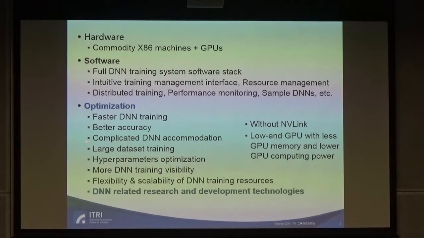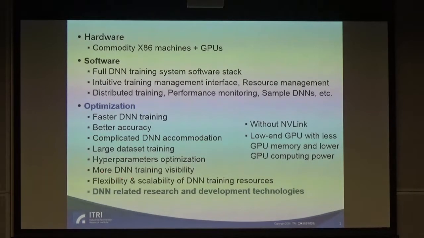Most important, sometimes the developer does not know how to configure hyperparameters to get better DNN performance, so our system can automatically configure hyperparameters for them. We call this hyperparameter optimization.